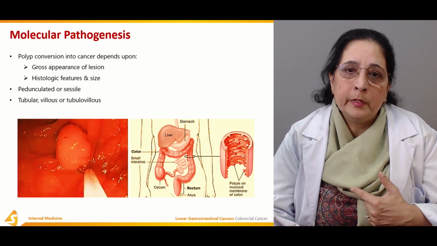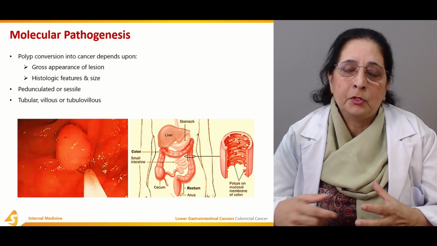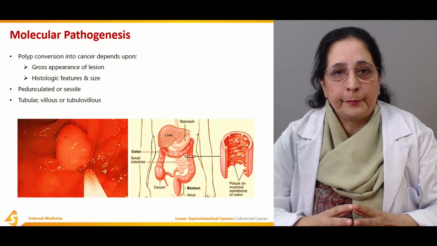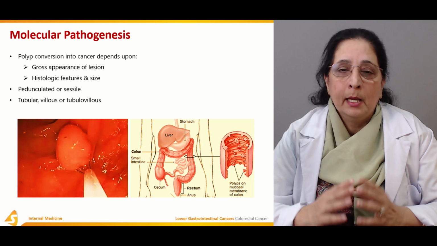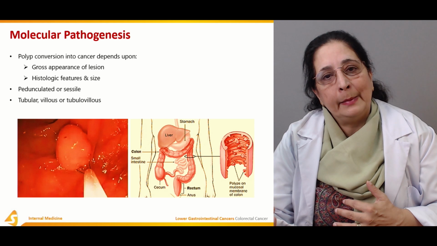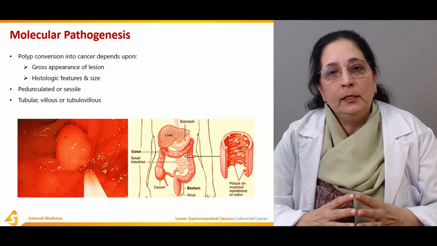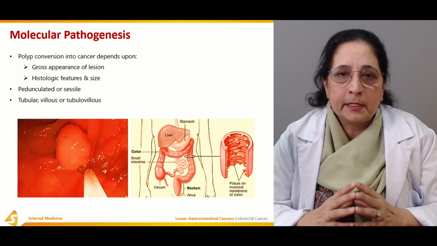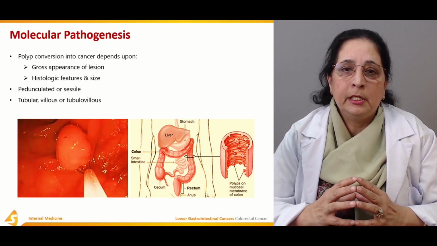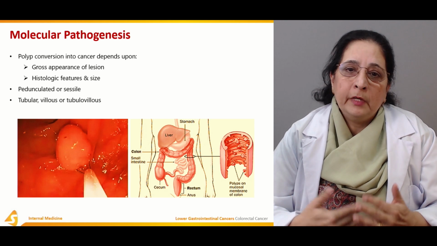We will talk about it later in our lecture also: polyps in the colon are common, but as we mentioned, less than 1% become malignant, and adenomatous polyps have more tendency to develop into cancer.